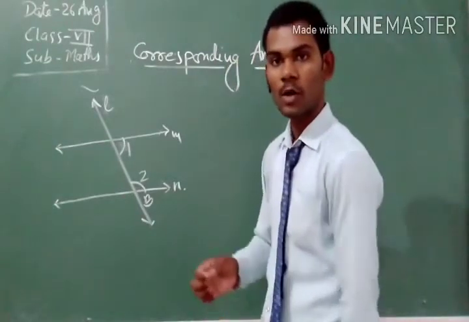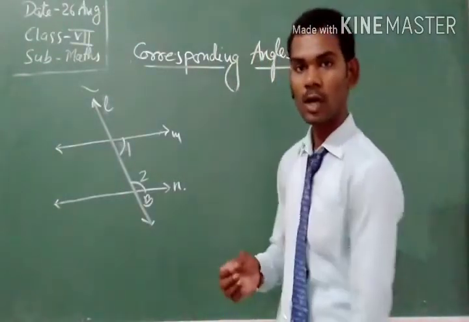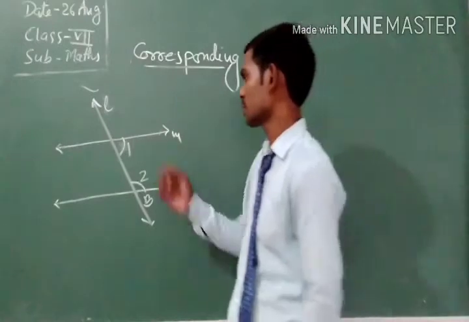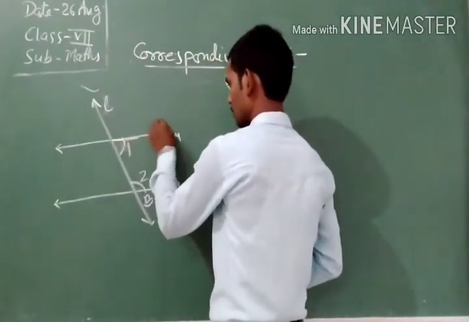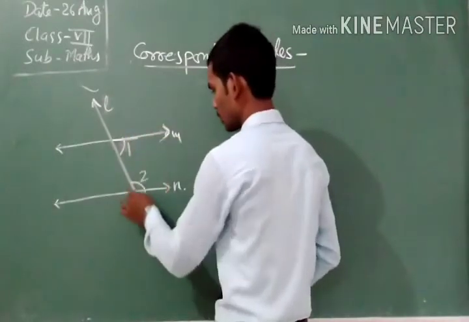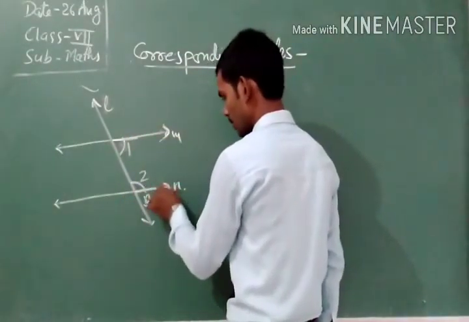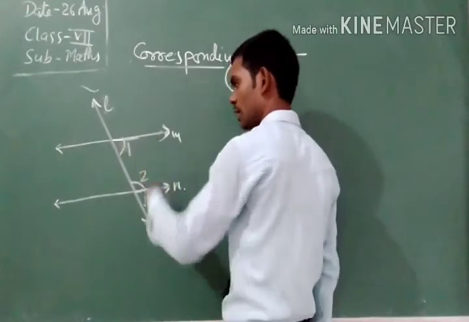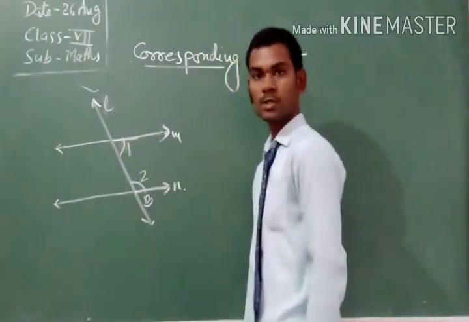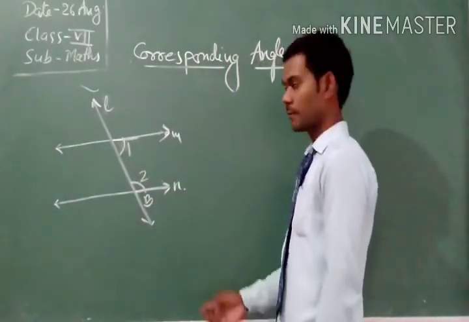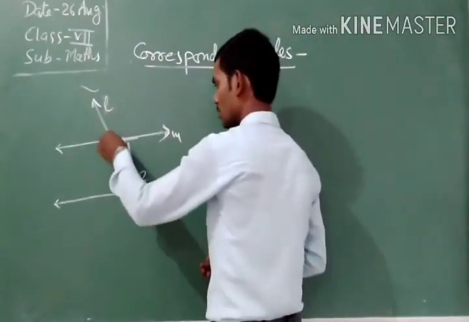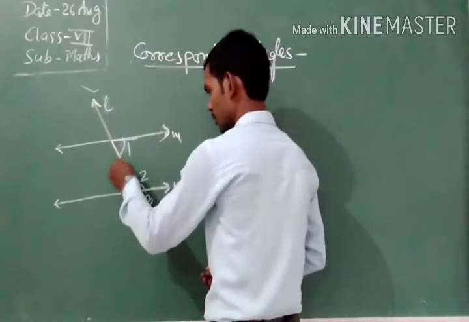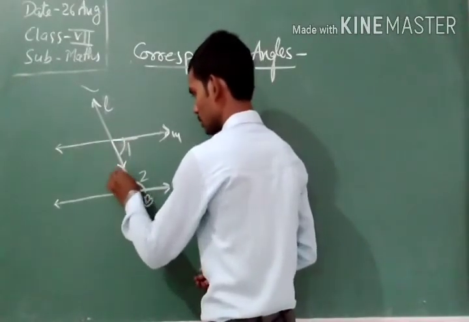One arm of angle 1 and angle 2 is on the same side of the transversal, that is this. This is the one arm of angle 1 and this is the one arm of angle 2, and both are on the same side of the transversal. And where is their other arm? Their other arm is this, which is formed by the transversal.